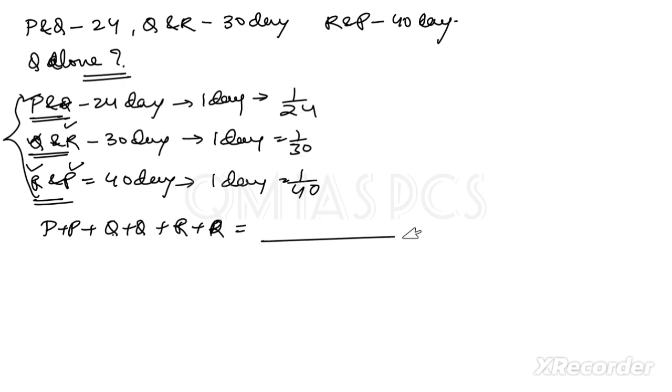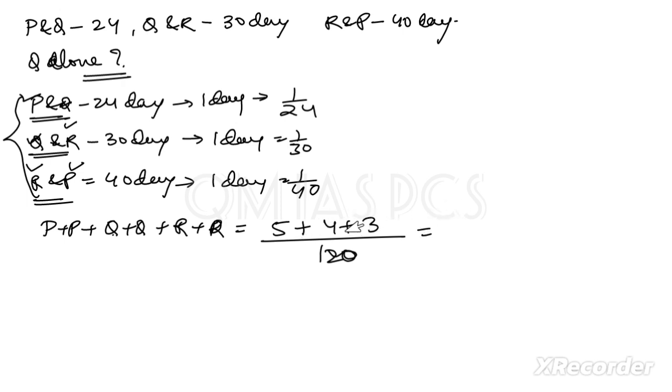What is the LCM of 24, 30 and 40? I think the LCM is 120. 120 divided by 24 is 5, so 5 multiplied by 1 is 5. For 30 it will be 4, for 40 it will be 3.